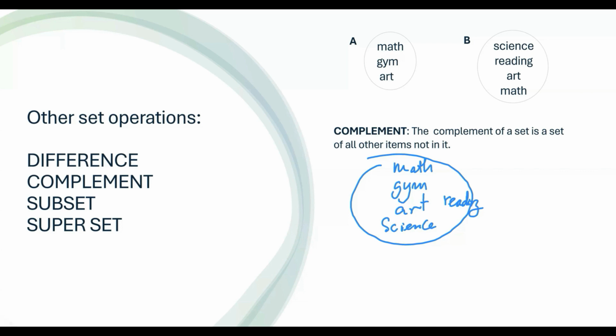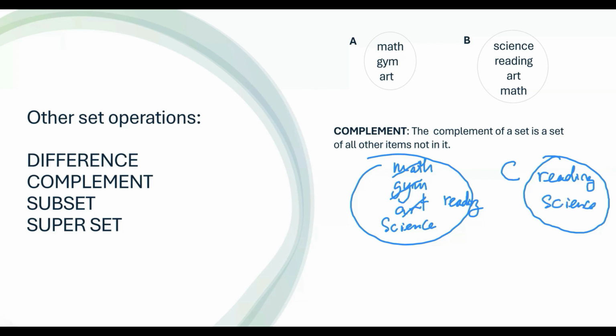And then you can do the complement of A by crossing out whatever you see in A. So cross out the math, cross out the gym, and cross out the art. So the complement set for A is reading and science.